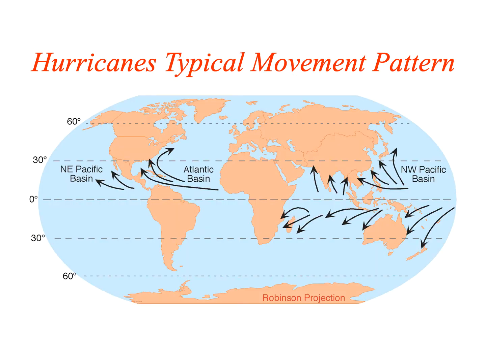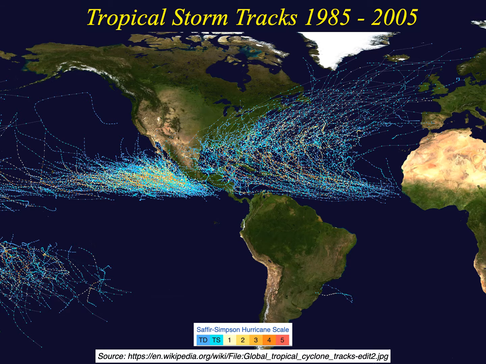This map shows some general directions that these hurricanes will move in the Atlantic Basin, Northwest Pacific Basin, and Northeast Pacific. And then we see in the Southern Hemisphere the Pacific Ocean and the Indian Ocean. Here are some of the tracks of these storms superimposed on a map.